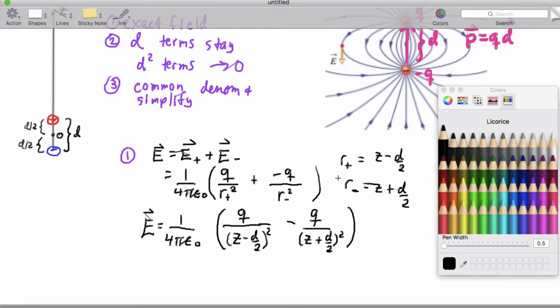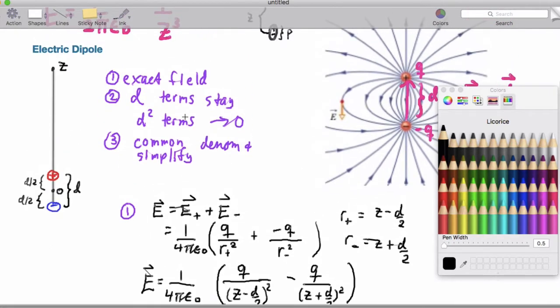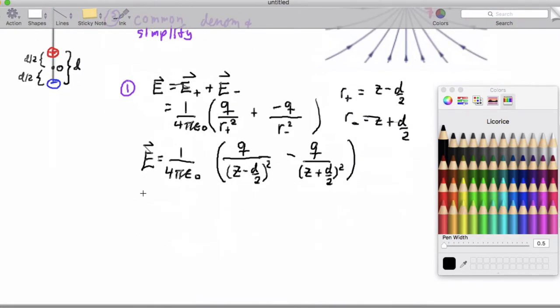And now what we're going to do is simplify, and we're going to drop out d squared terms and keep the d terms. So here's what we get. We get E equals, and I'm going to drop the vector notation here because we just want the size, 1 over 4 pi epsilon naught, q over. Now I'm just going to FOIL it out. z squared minus dz.